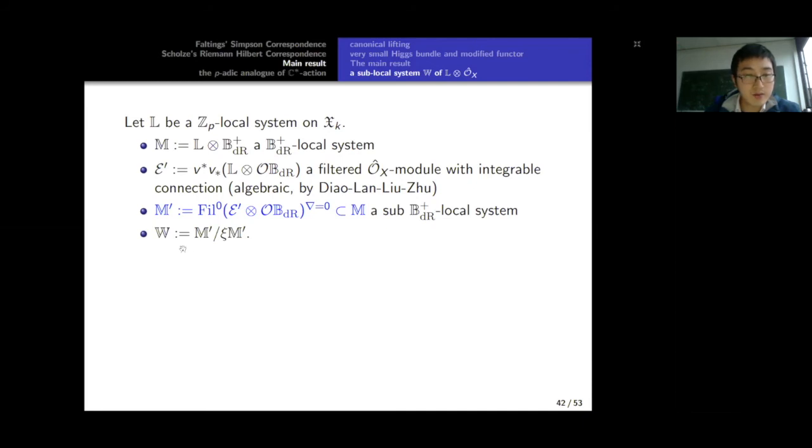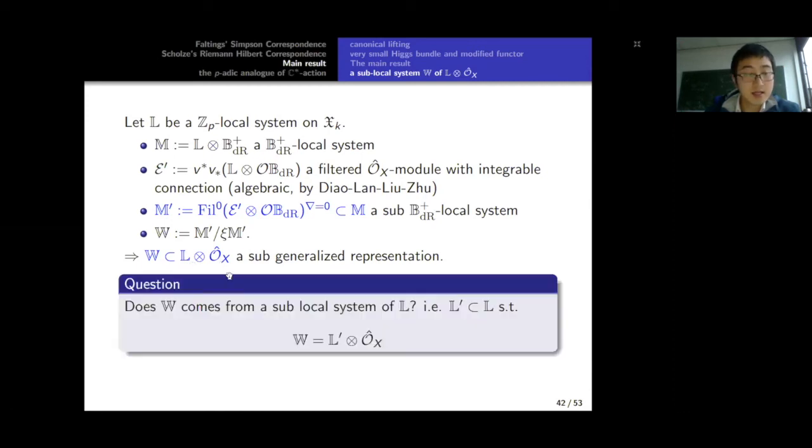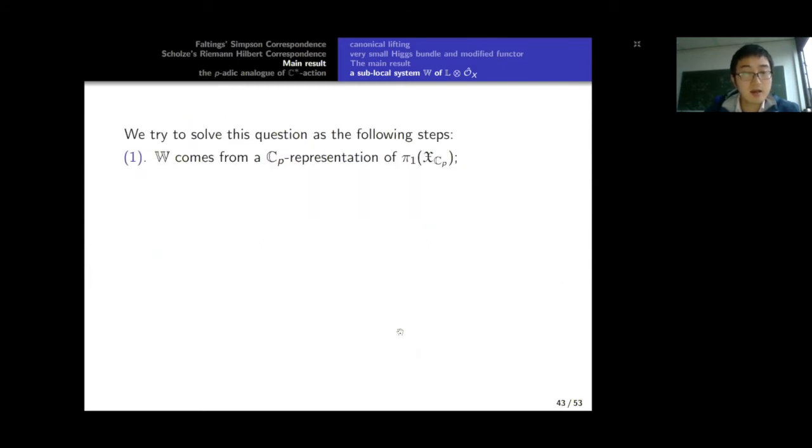Now we can define the generalized representation modulo this C, and then we get this sub generalized representation W of L tensor O hat X. The question is, does this generalized representation come from a sub log system of L, which means that there exists some L' such that W is equal to L' tensor O hat X. We are trying to solve this question in the following steps.